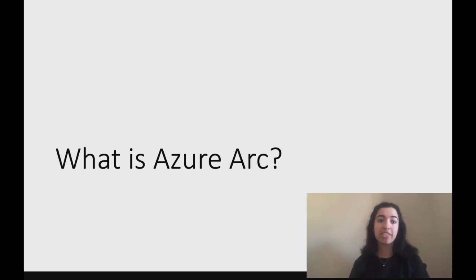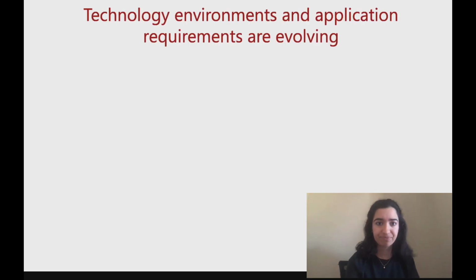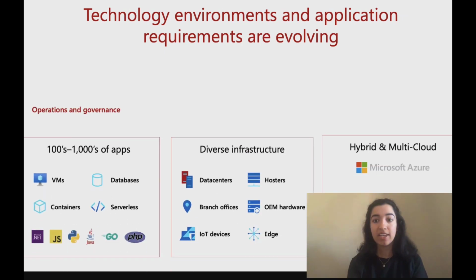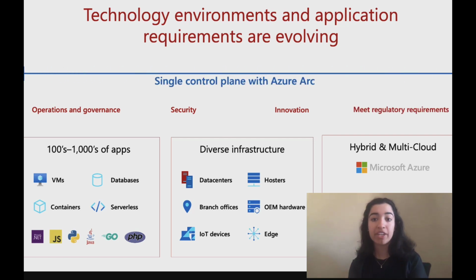So let's start by talking about what is Azure Arc and what are we hearing from our customers and seeing today. So one of the things that we're noticing, as we talk to these customers, is that customers' infrastructure today is spread across on-premises, multiple clouds, and what's happening is that it's getting harder and harder to manage these different resources.